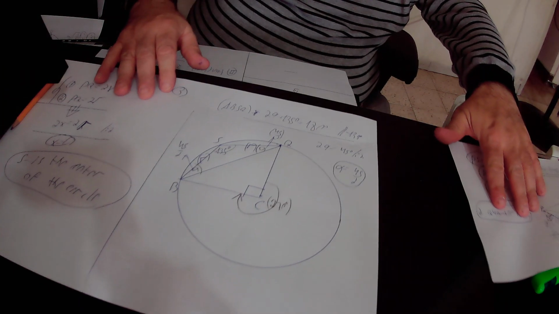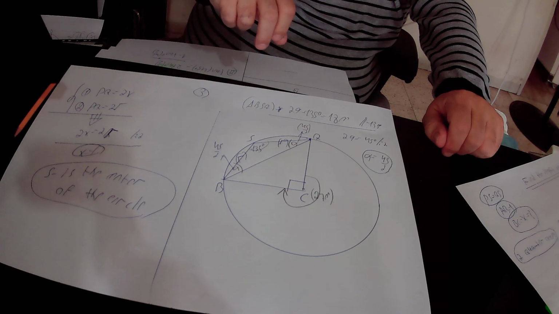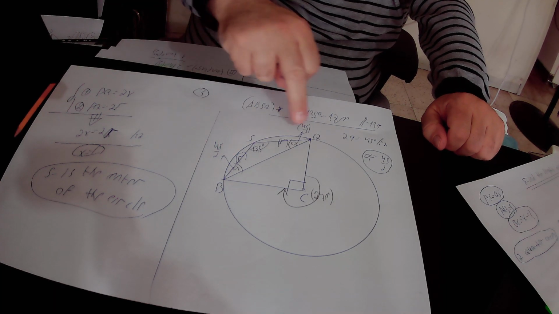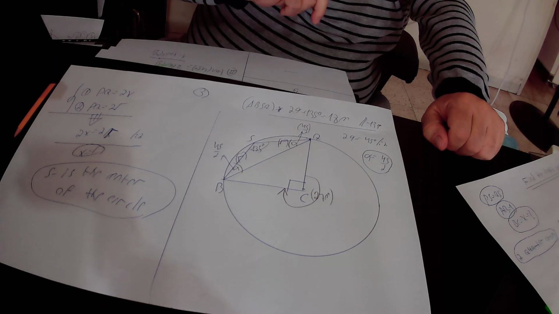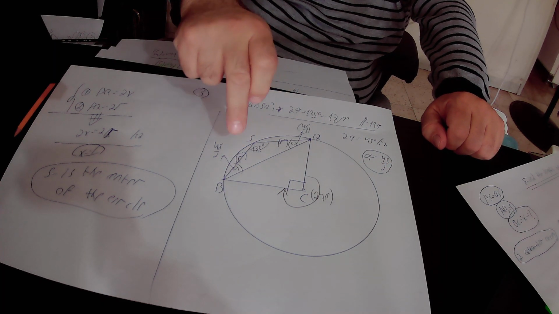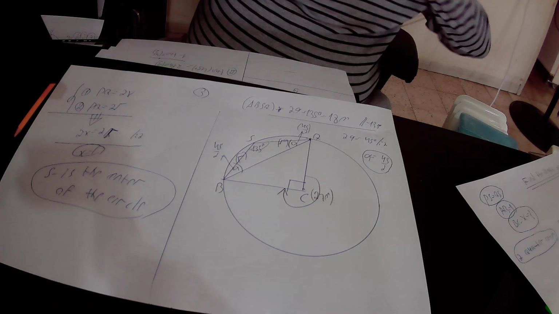Why? Because in our drawing we have the peripheral angle BSQ, subtended on arc QB. This is the central angle BSQ that is subtended on arc QB.